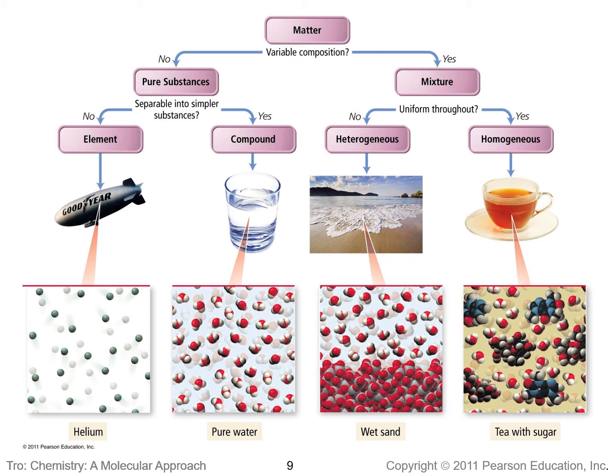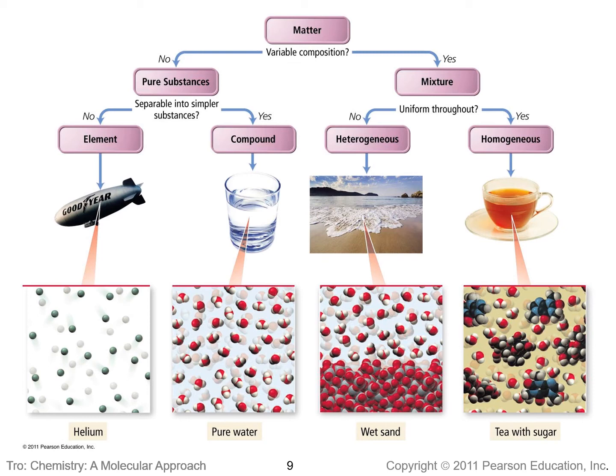So if we're looking at one sample to the next, it's going to stay the same if it's a pure substance. If its composition can vary, if we can change it looking at sample to sample, then it is a mixture. Okay? And mixtures are made up of more than one compound or molecule. Okay? More than one pure substance that is combined together is a mixture.